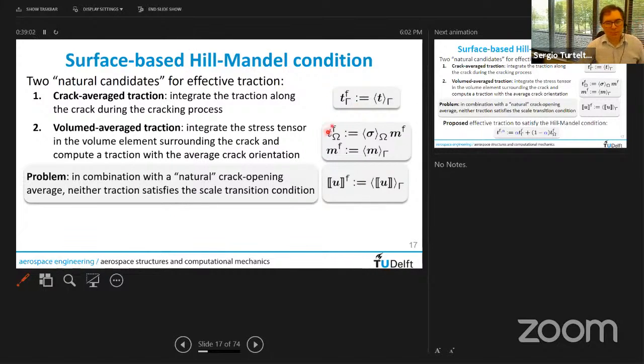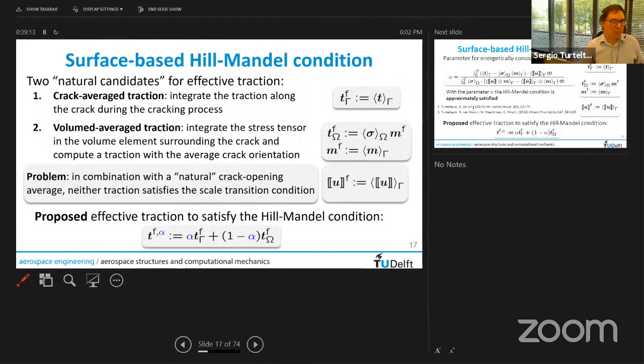So following a pragmatic engineering approach, it has to be either one of the two quantities. We don't know which one. So let's try both, and let's try a linear combination. So I propose an effective traction as being simply a linear combination between the crack average one and the one that is based on the volume average. It's just a linear combination. So if alpha is equal to 1, it's this one. If alpha is equal to 0, then it's the other one. And then to see what happens.